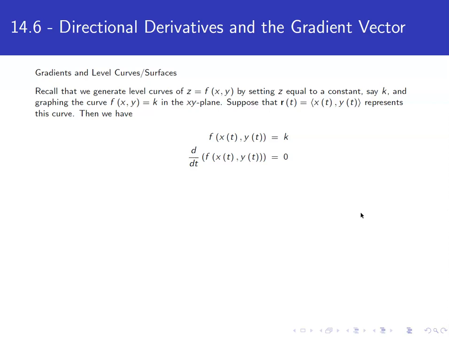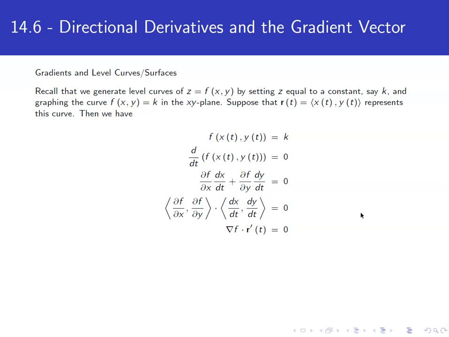Let's take the derivative with respect to t on both sides and use the chain rule to evaluate the left-hand side's derivative. So now we get the partial with respect to x times dx/dt plus the partial with respect to y times dy/dt. That gives us 0. I can rewrite that as a vector dot product, and then I recognize the first vector as the gradient vector and the second vector as the derivative of our curve.